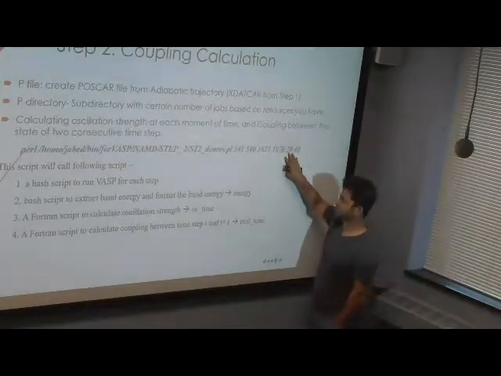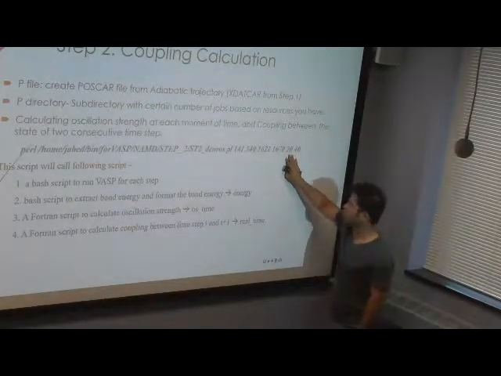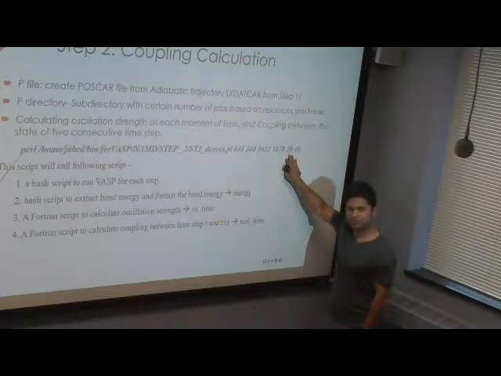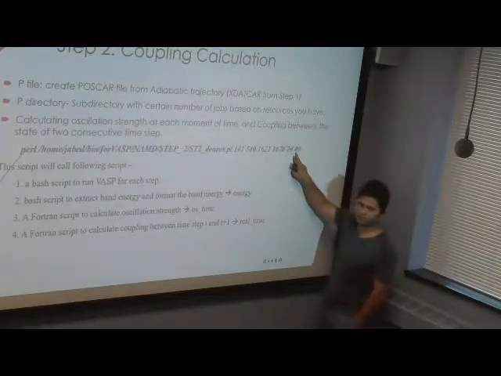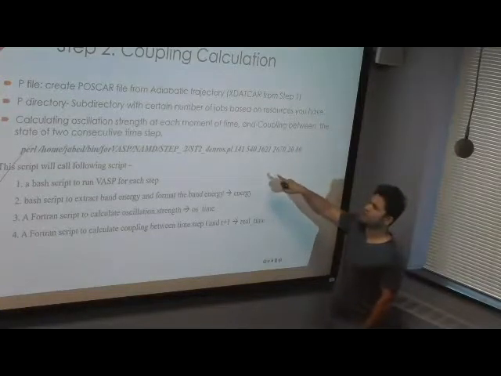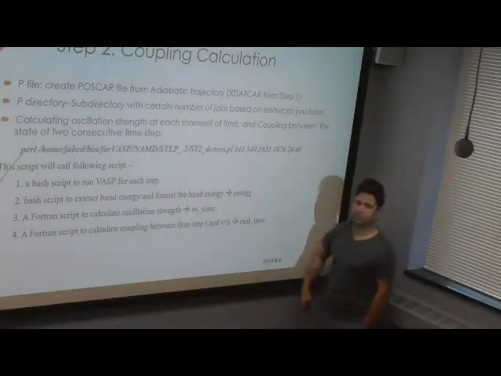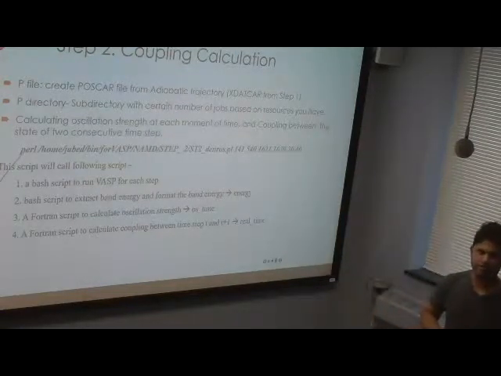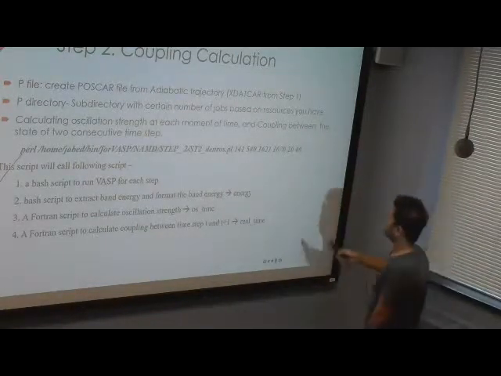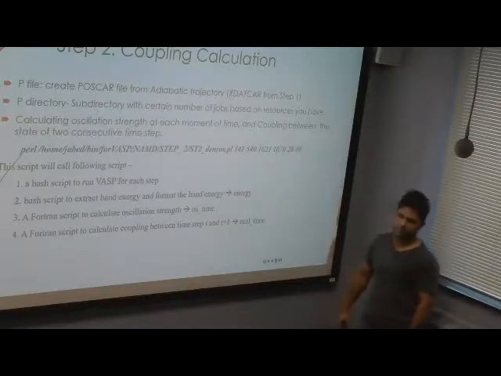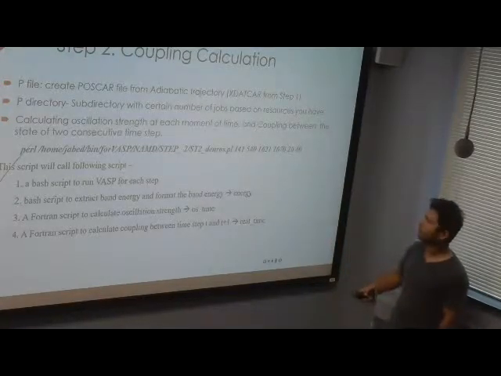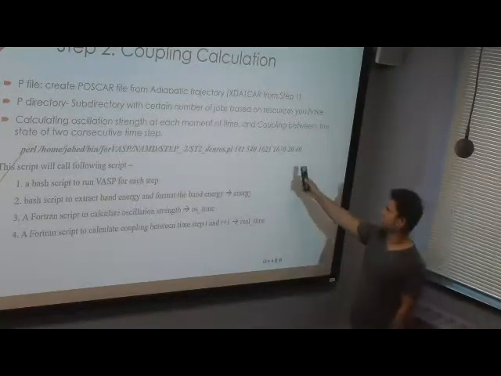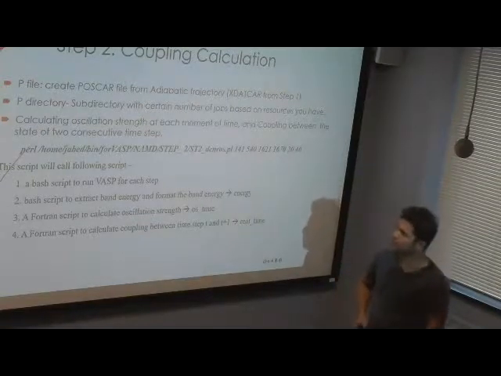And these two are the number of processors per node, and the total number of nodes. I ran this example on the Thunder cluster. We have 20 cores in each node, and I used 2 nodes. If I use a different system, we need to change these numbers too.